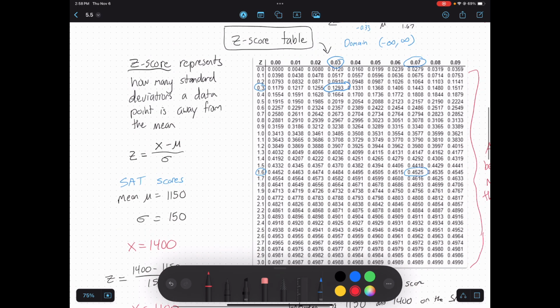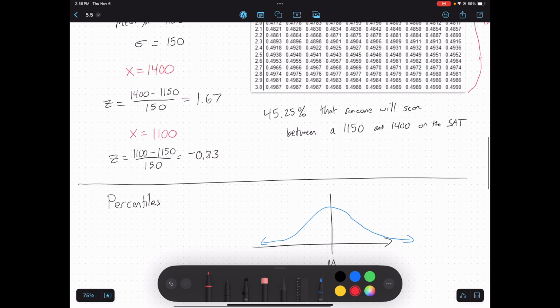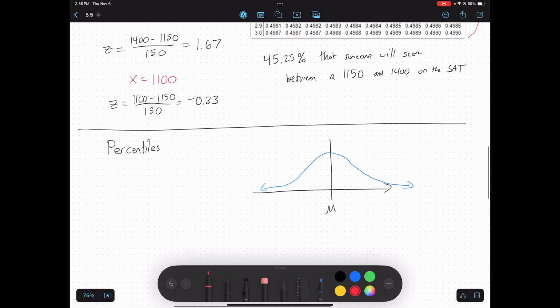When we were looking at the z-score table here, we were looking at specific data values, finding their corresponding z-scores, and then using the z-score table in order to calculate certain probabilities. But with percentiles, instead of starting with the data points, I'm actually going to be looking for the data points that correspond to a specific area value.